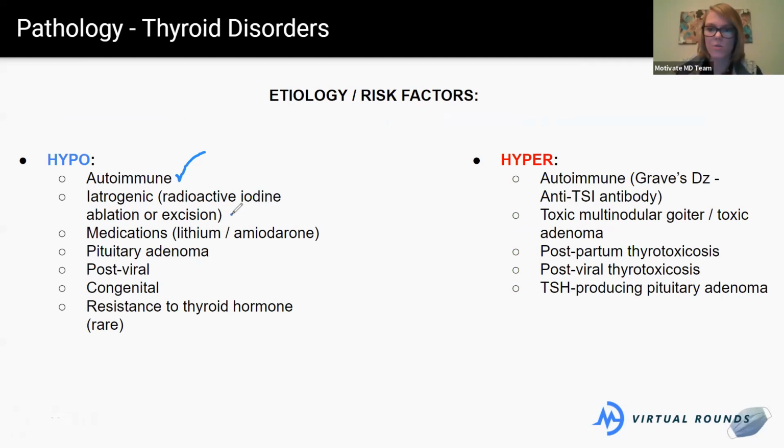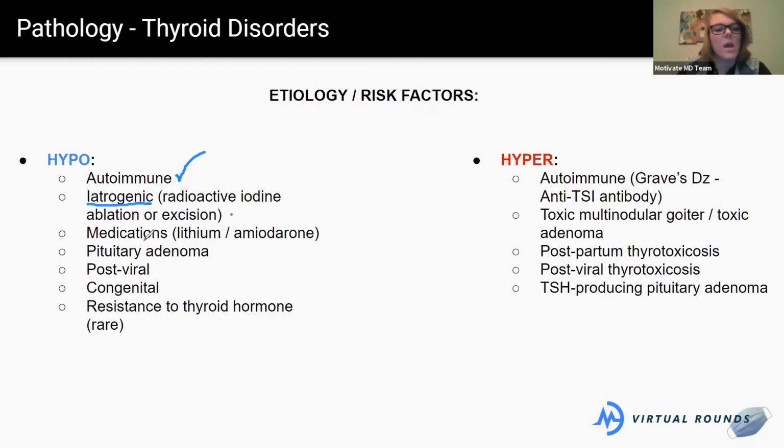And when I told you that the treatment is more involved in Graves' disease, I mean it. Because in Graves' disease, what you do really is ablate the thyroid or excise the thyroid. And then obviously, as you can imagine, if you don't have a thyroid anymore, that makes you hypothyroid. Iatrogenic just means it's healthcare associated, healthcare caused.